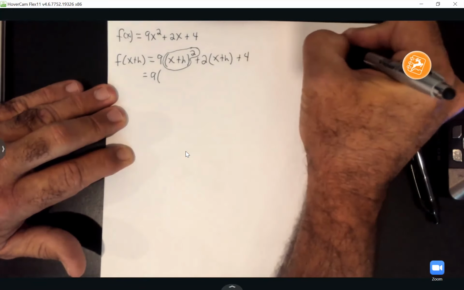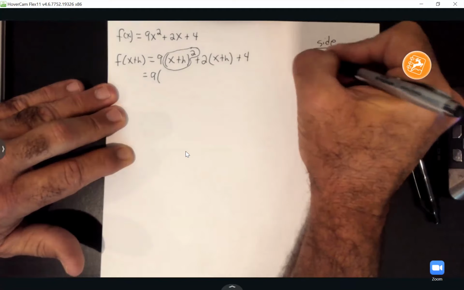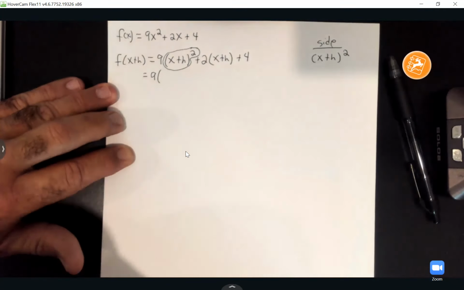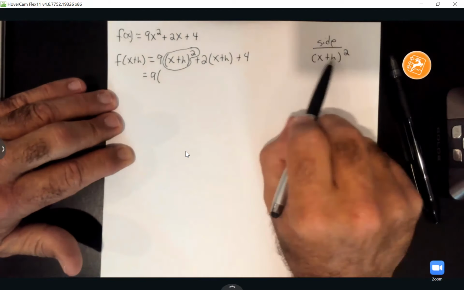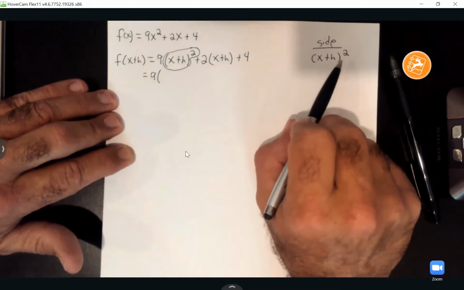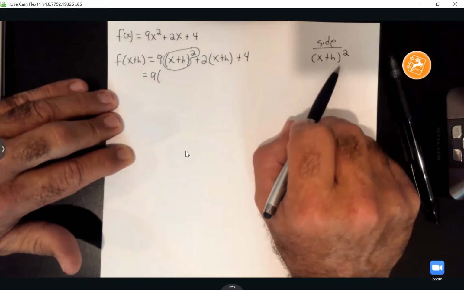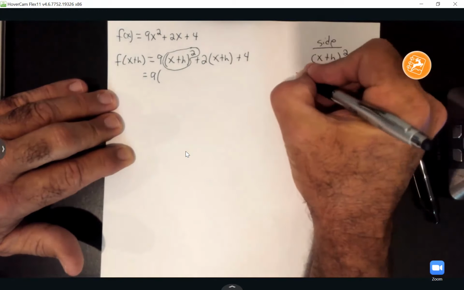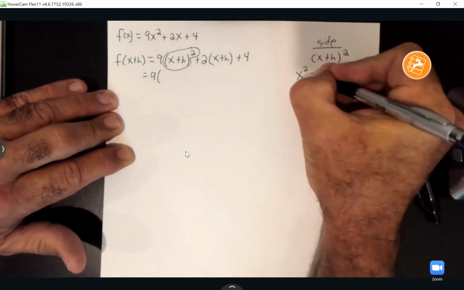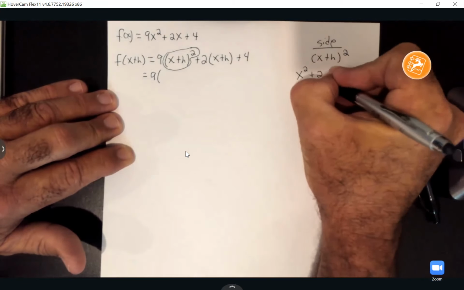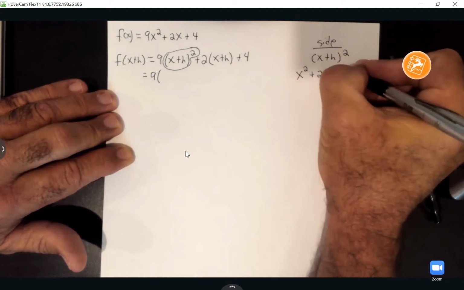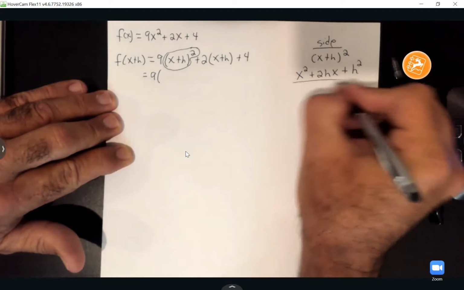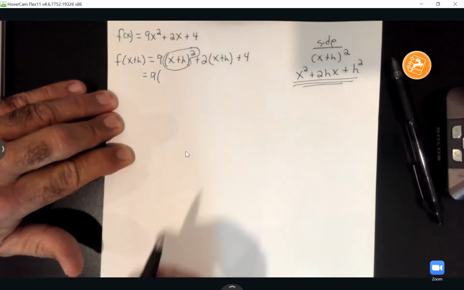On the side, I need to figure out what (x plus h) squared is. Do y'all remember? We used it every time you had an (x plus h) squared. That worked out into x squared plus 2hx plus h squared. So y'all save that right there.